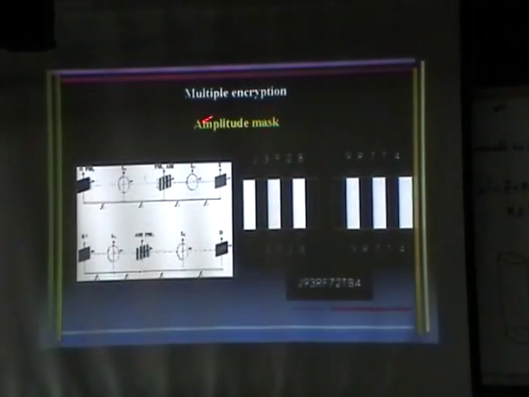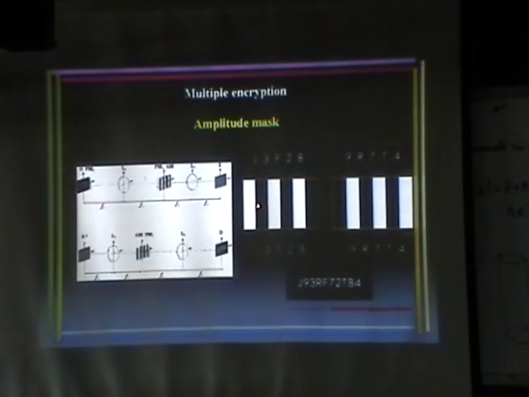Well, another possibility, of course, is more secure to encrypt with a phase mask, a random phase mask. But in some cases, it's convenient to use an amplitude mask in the encryption process.